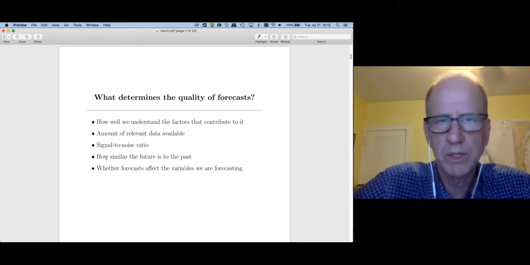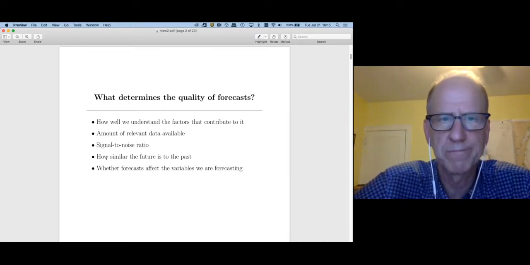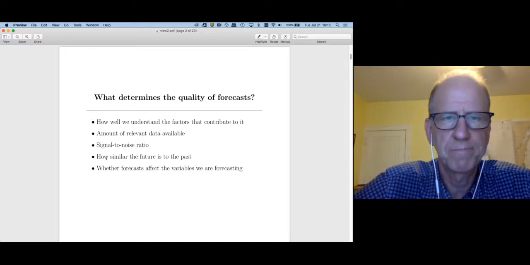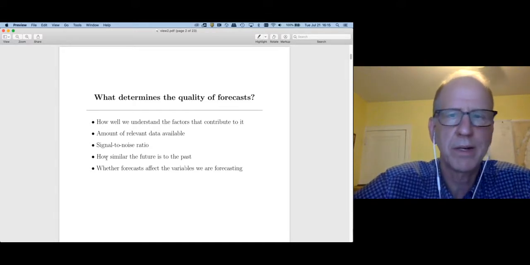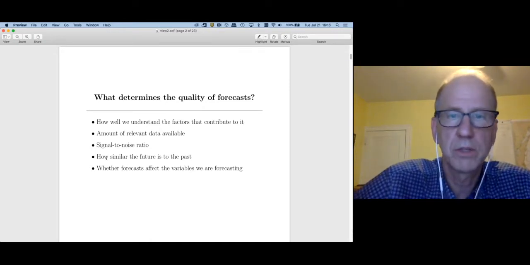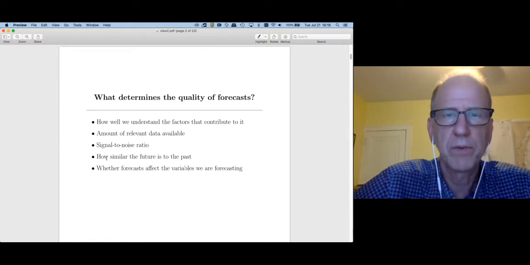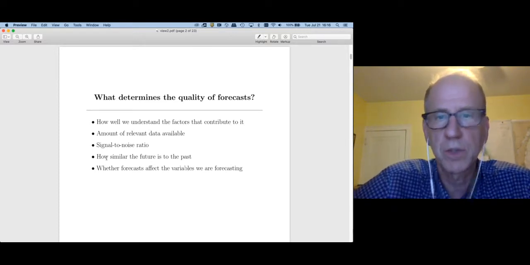Another big question is how similar will the future be to the past? We could have forecast sales of various products back in January and made predictions for the next 6 months, and of course those predictions would be very wrong because the world has changed, because COVID has happened.